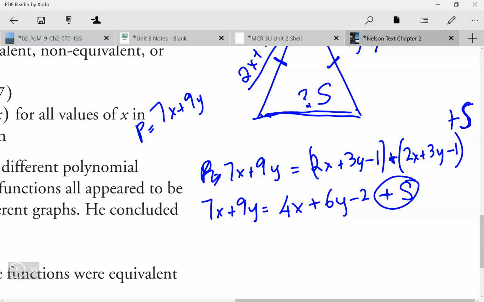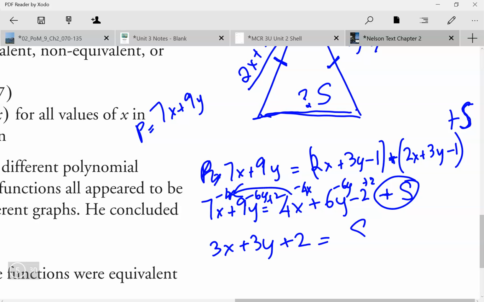Now I have to isolate for S, so essentially I move everything over to this side. So subtract 4x, I'm left with 3x, subtract 6y, I'm left with plus 3y, add 2, and this should be our answer at the end.